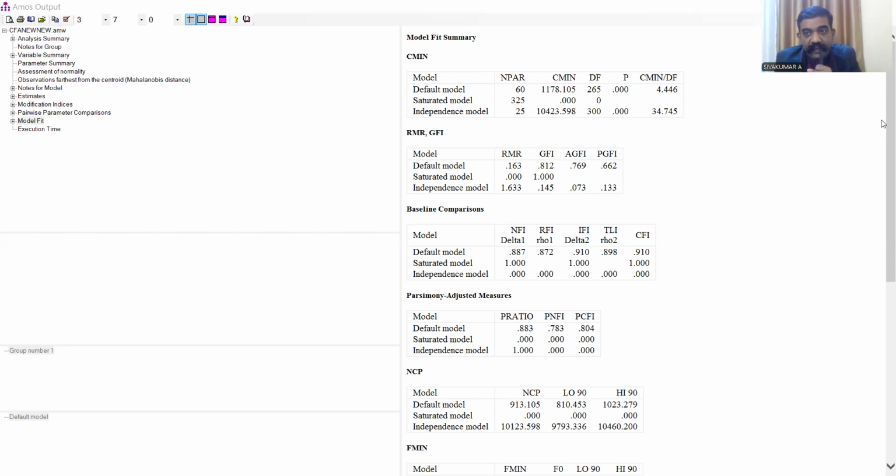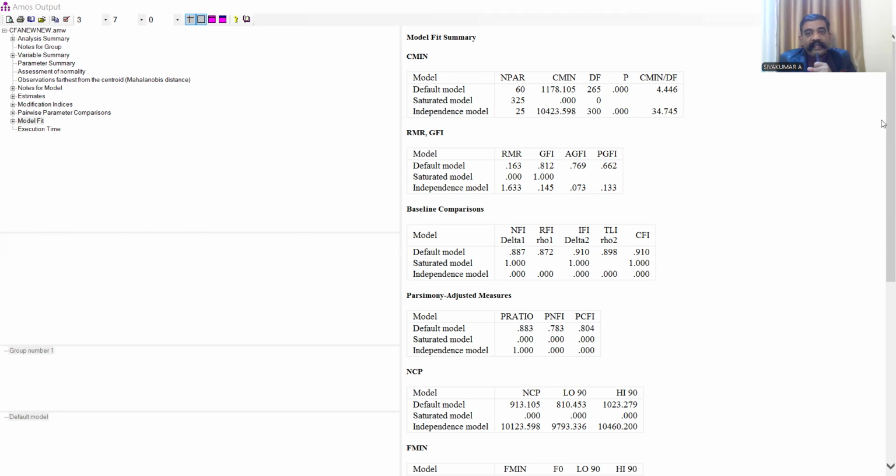In CFA, there is no hypothesis. All hypotheses are related to the structural equation modeling. The chi-square value divided by degree of freedom is less than 5, so the fit is acceptable. At the end of the EFA, we got 5 constructs or 5 factors. Are those 5 factors correct or incorrect?